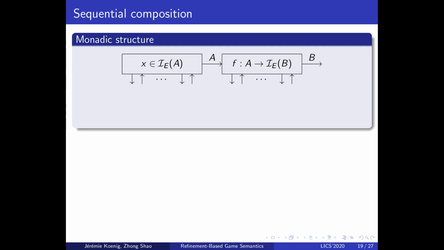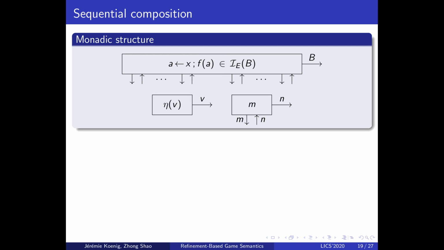Interaction specifications are equipped with a monadic structure, which allows us to decompose strategies sequentially. If we have a computation X and specify for each possible outcome how the computation should continue, then we can define a composite computation which has the cumulated effects of both.